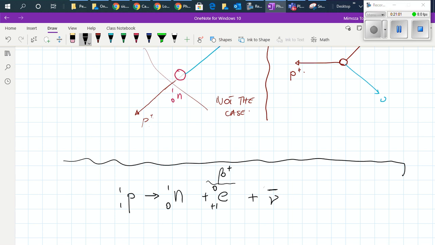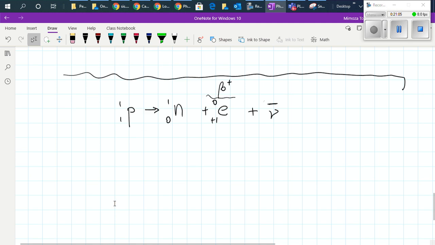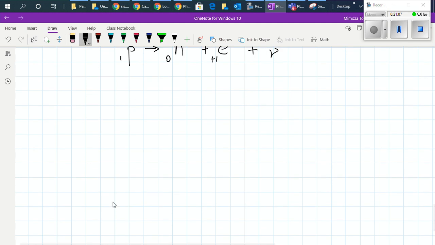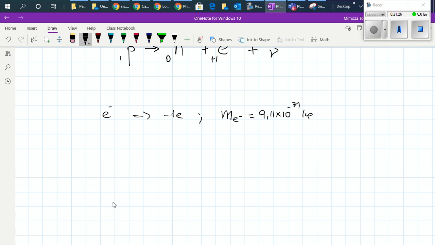is the charge. So if we have an electron, we know that the charge of the electron is -1 elementary charge, and the mass of the electron is 9.11 times 10 to the power of -31 kilogram.